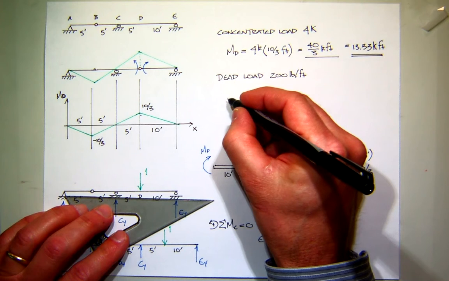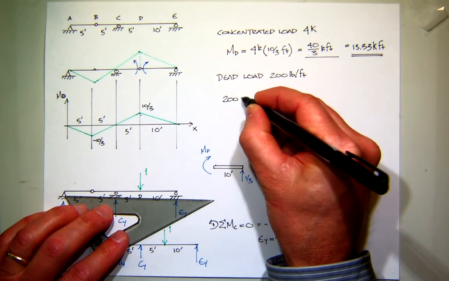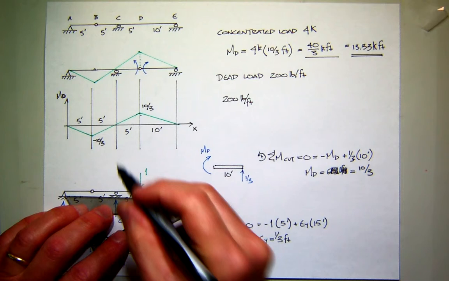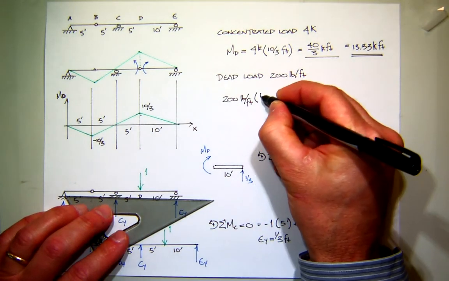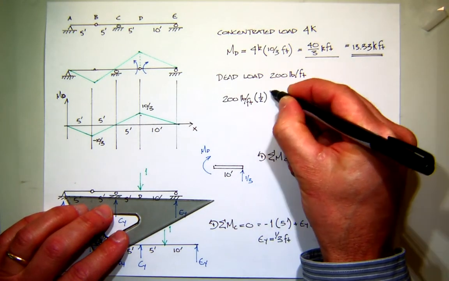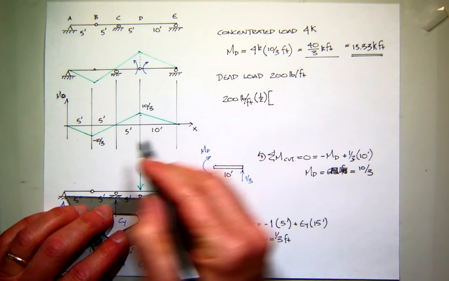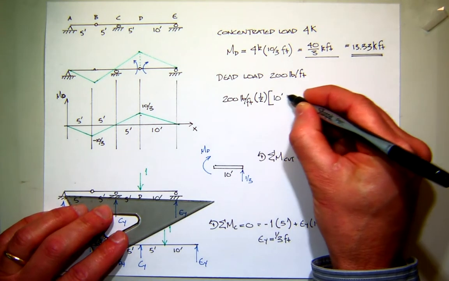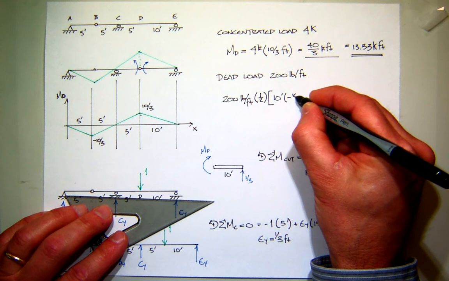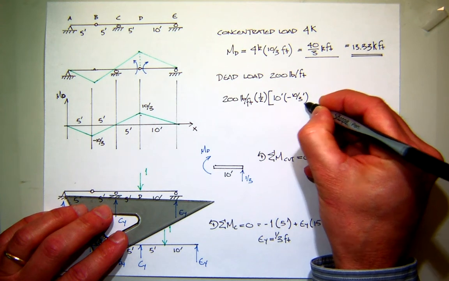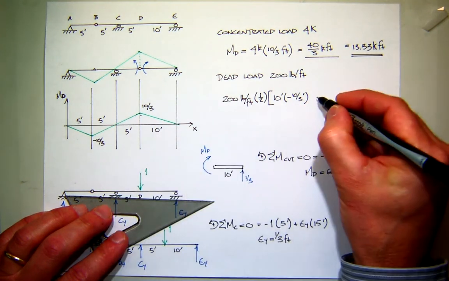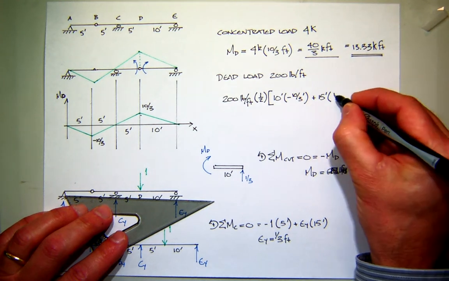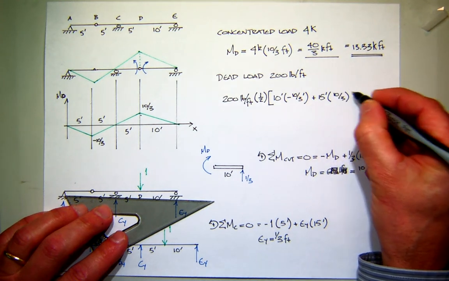I'm going to start off with my 200 pounds per foot load. Now all of these are triangles, so I'm going to put the 1/2 out in front. 1/2 base times height. I'll start with the first triangle. It has a base of 10 and a height of minus 10/3. The second triangle has a base of 15 and a height of positive 10/3.